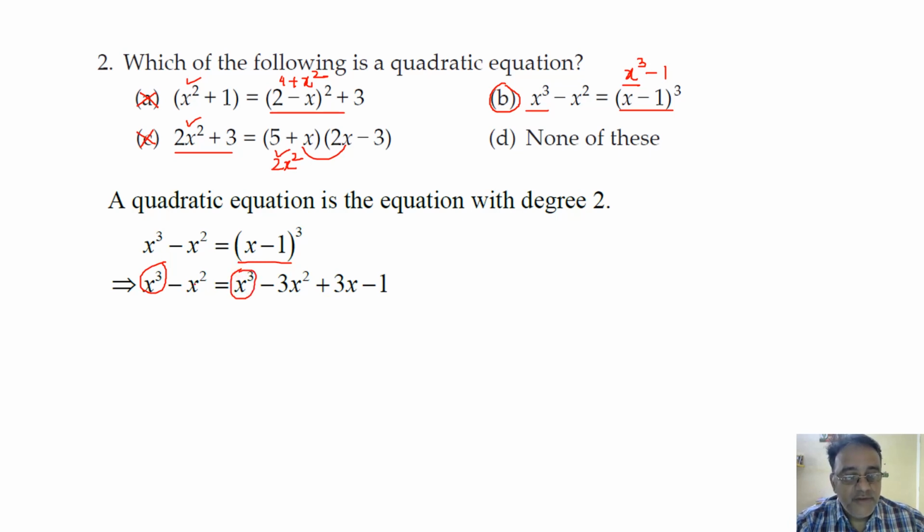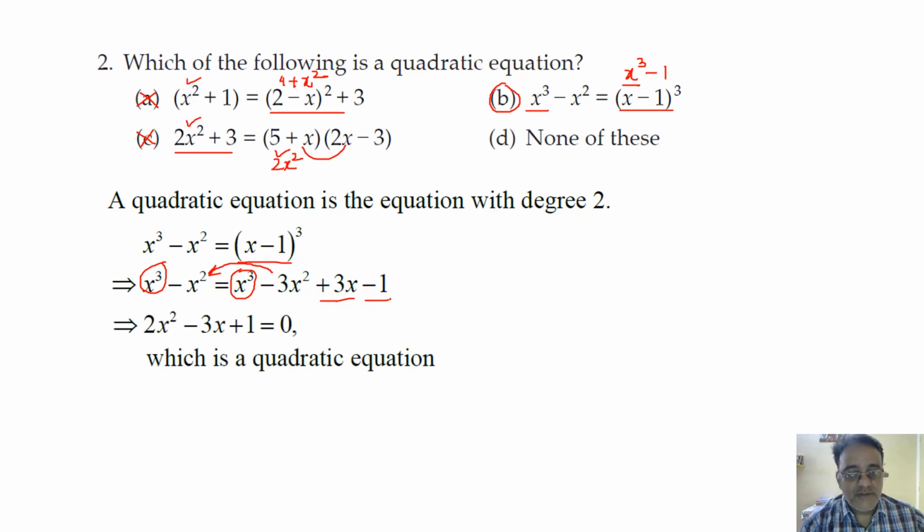Now we will shift minus x square to this side, so it becomes plus. So plus 2x square minus 3x plus 1 is equals to 0, which is a quadratic equation. So the correct option is option B, right? Option B.